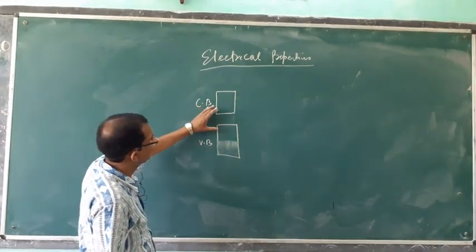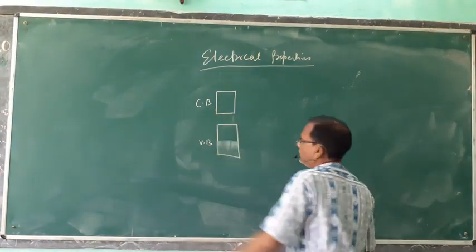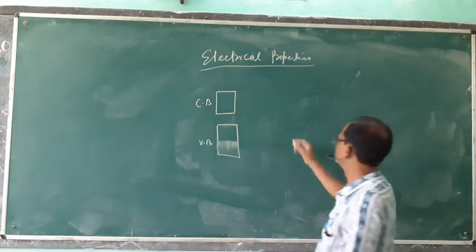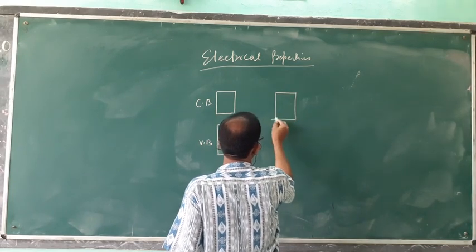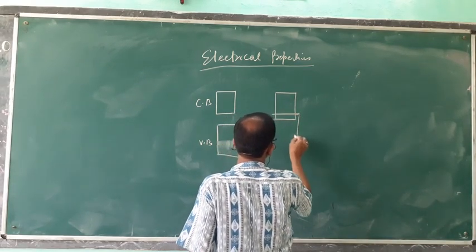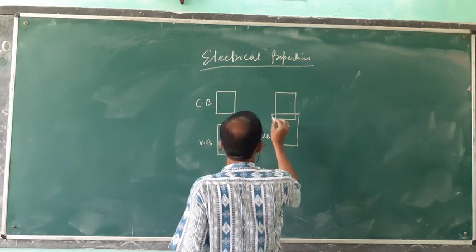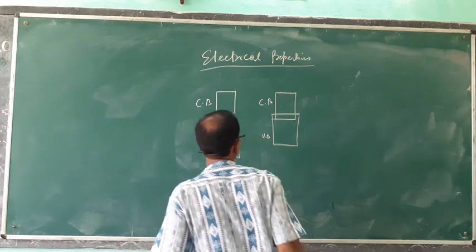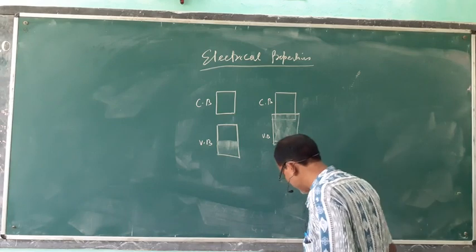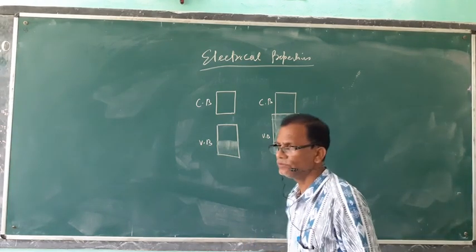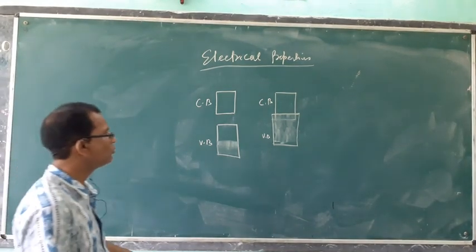When these bands are just touching one another or overlapping one another, if the conduction band overlaps with the valence band, this is your valence band, this is your conduction band, then an electron will be easily shifted from the valence band to the conduction band.